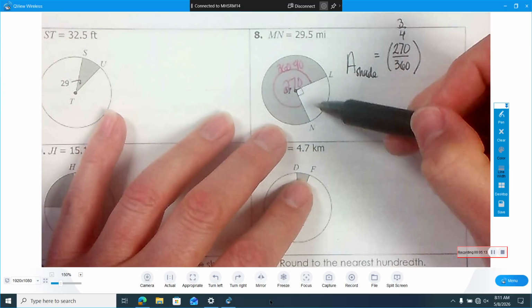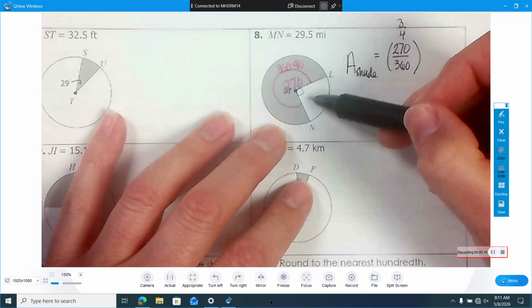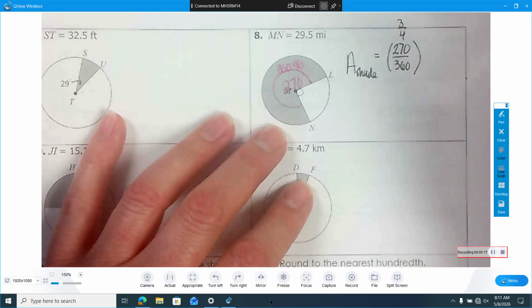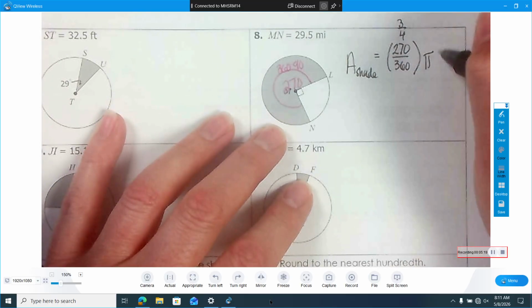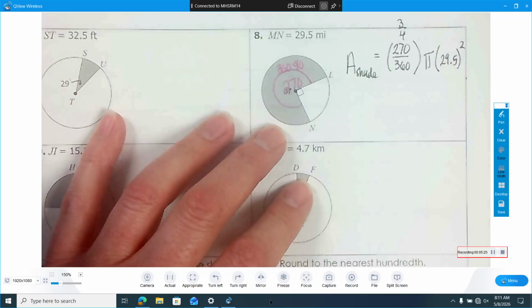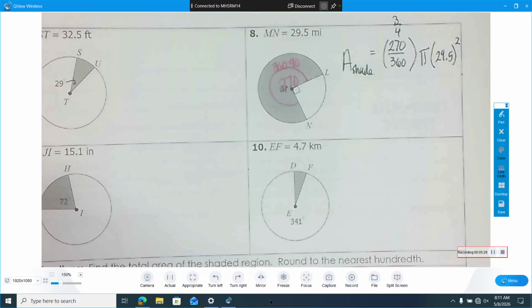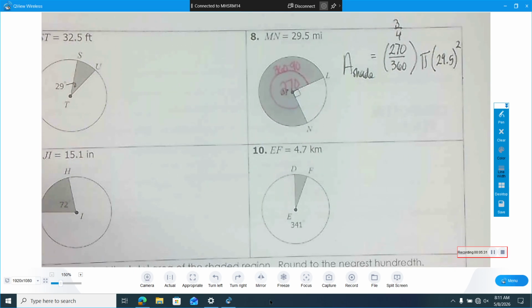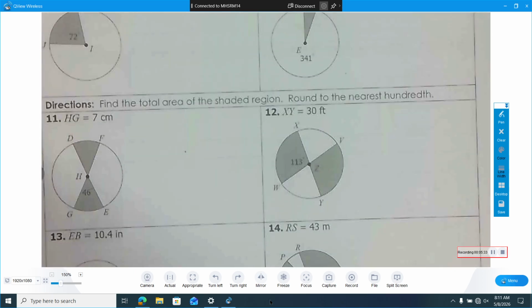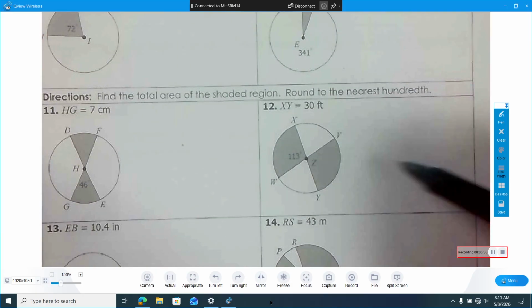Yes, it is 3/4. This is 1/4. This would be 3/4. So, okay. Pi times our radius, which is 29.5 squared. Okay, good question so far? Yeah. All right.